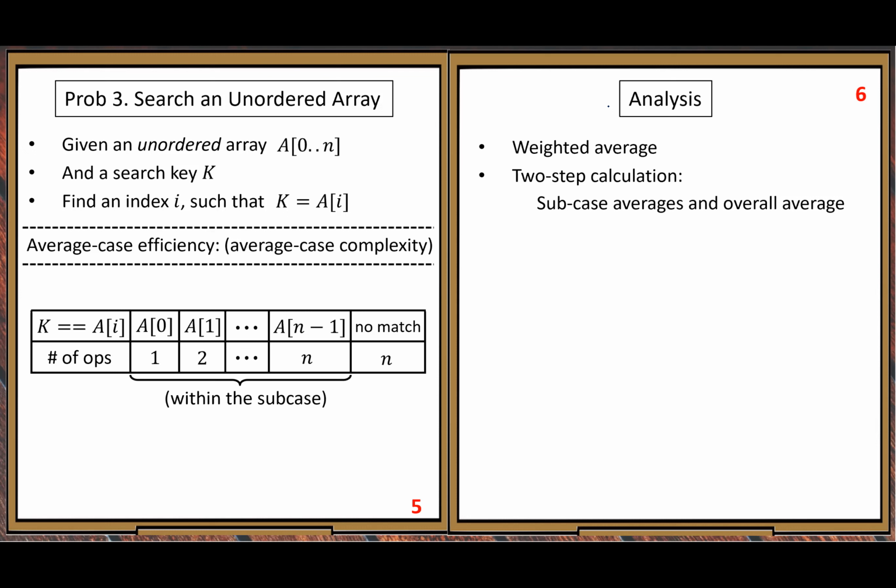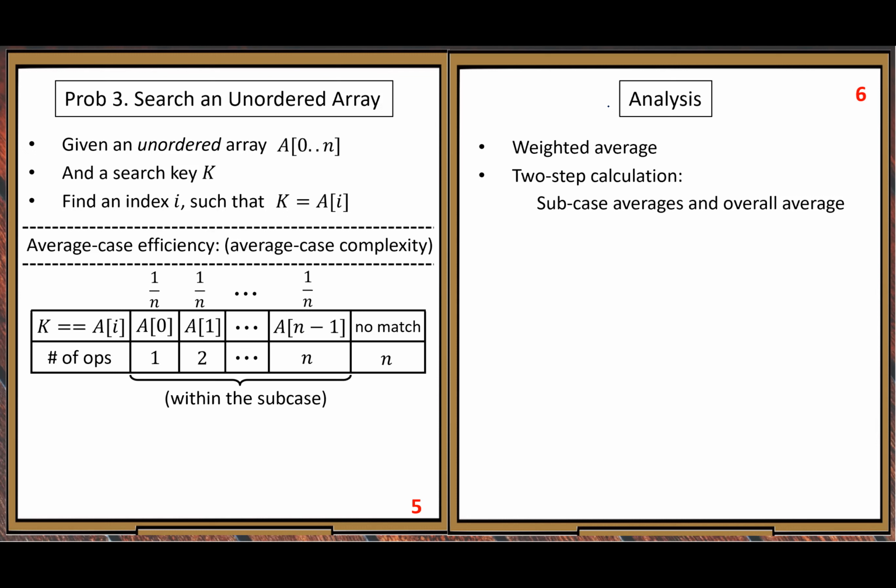We can find a valid index I for which K equals A of I. The average for this subcase is straightforward, because in our first assumption, each of the n cases occurs with the same probability, 1 over n.